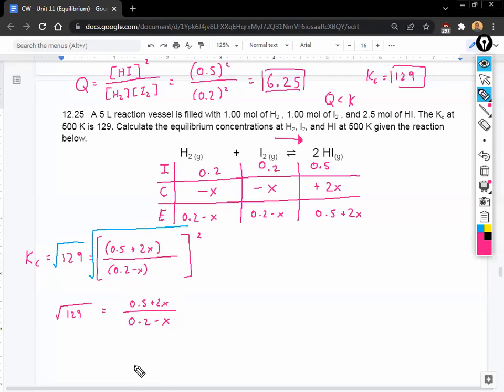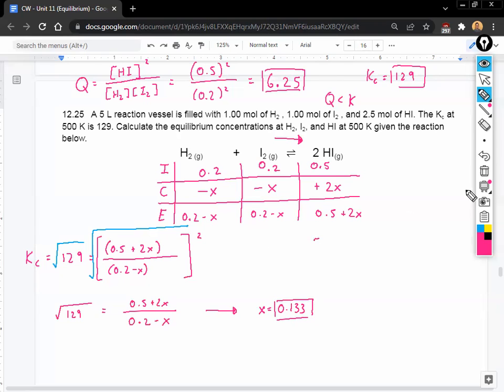All right. Any questions on the setup? Okay, this is the easy part. I think you guys are good enough at simplifying this, so I'm going to skip the long process, but you should get x equals 0.133. So this is going to be your value for x. And then from there, we need to find the equilibrium concentration, so we just plug in the values.